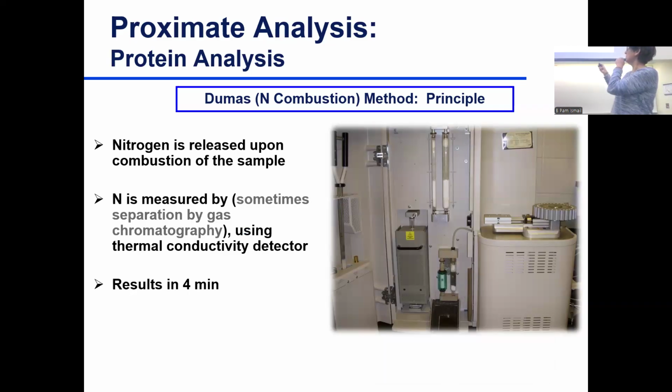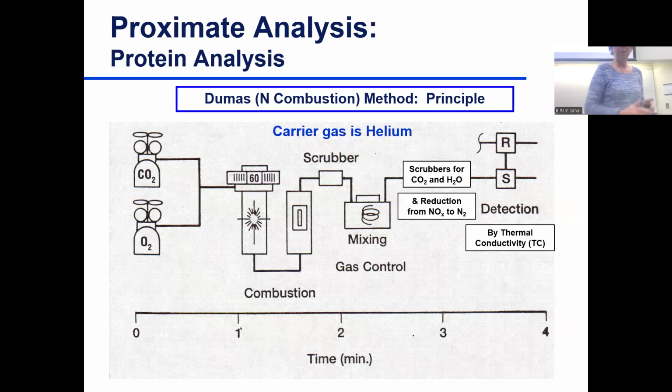Then they come back to the front. There are two scrubbers that will scrub H2O and CO2. So it's kind of like a schematic: you have your gases that help with the combustion, especially oxygen here. And then it scrubs out some moisture and then goes to get mixed with oxygen.